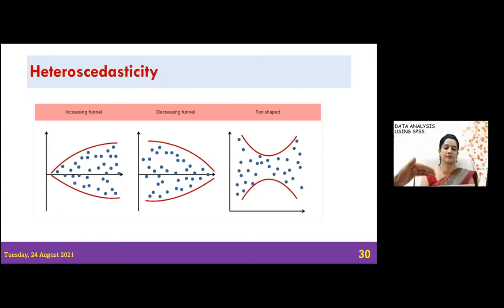That means prediction is very good there. Just to emphasize Dr. Shamshad's point, you can see these three graphs.